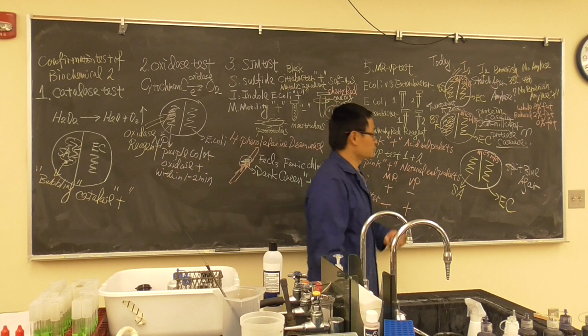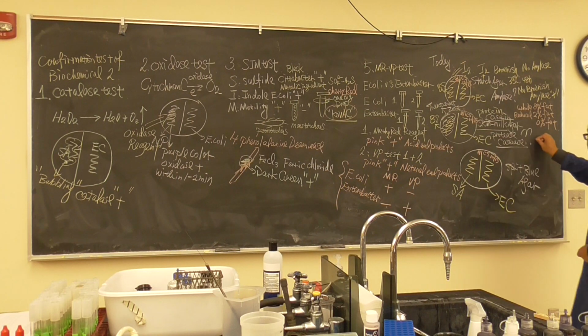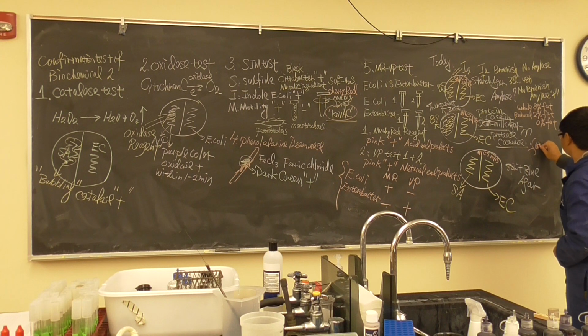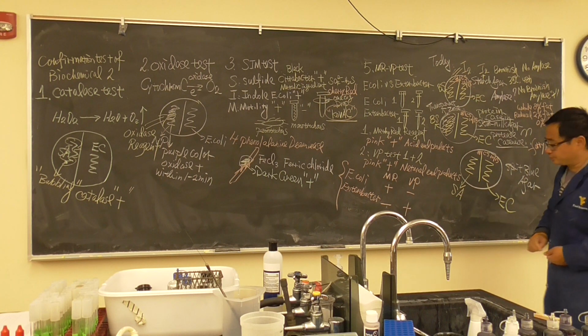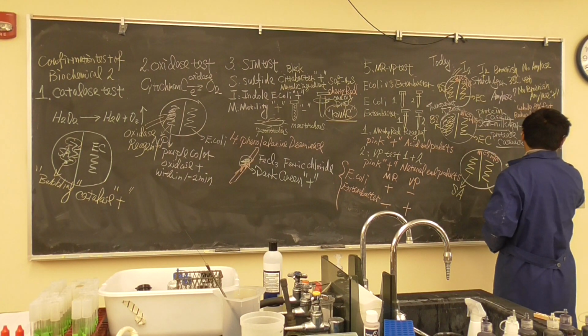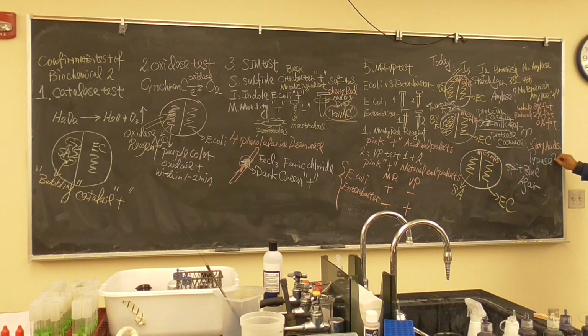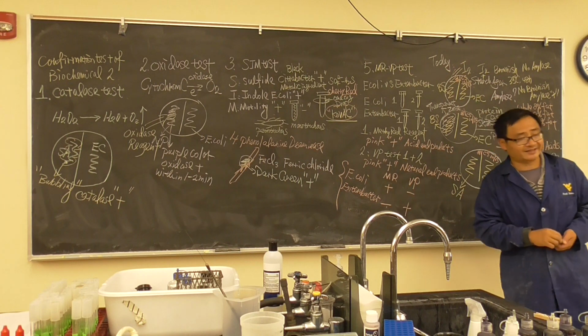Okay, the last one, spirit blue agar. This is the one where bacteria sometimes use fatty acids. Which enzyme breaks down fats? Lipase. Okay, so this is a test of whether bacteria have lipase. Some of the bacteria have lipase, let's say lactic acid bacteria.